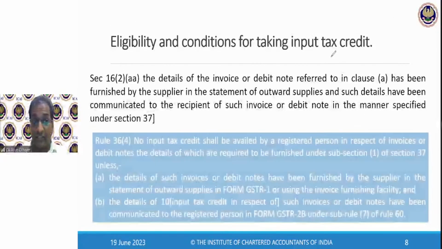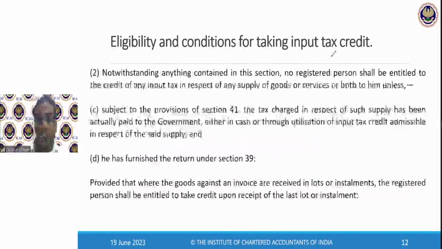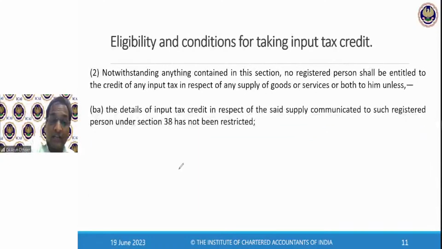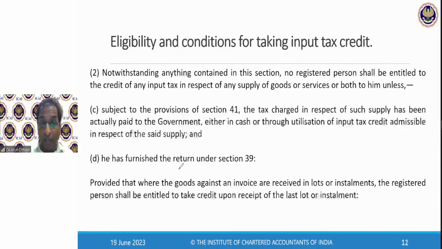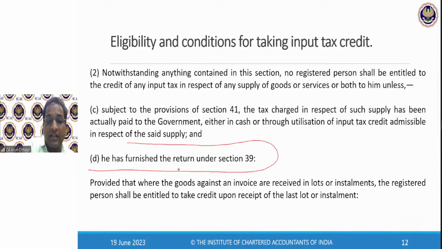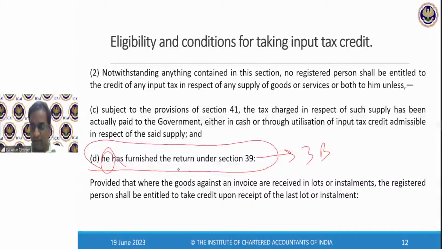I'm talking about certain conditions of Section 16 subsection 2, but I'd like to highlight the last condition. He has furnished the return under Section 39, that is GSTR 3B. He means the recipient. We'll reach this point, but as of now, I'd like to clarify that one of the conditions is that the recipient should furnish the GSTR 3B.